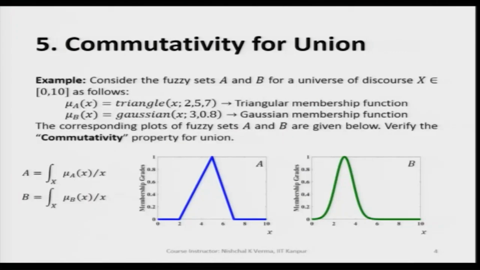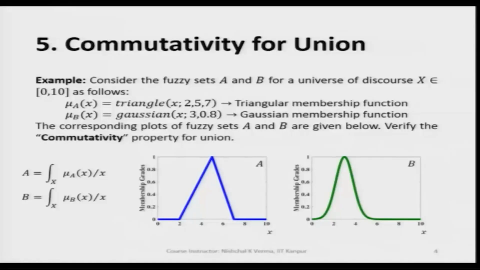So, let us see how we get this commutativity property for union satisfied. If we take an example where we take two continuous fuzzy sets A and B, here fuzzy set A is a triangular fuzzy set, and fuzzy set B is a Gaussian fuzzy set, as we see.